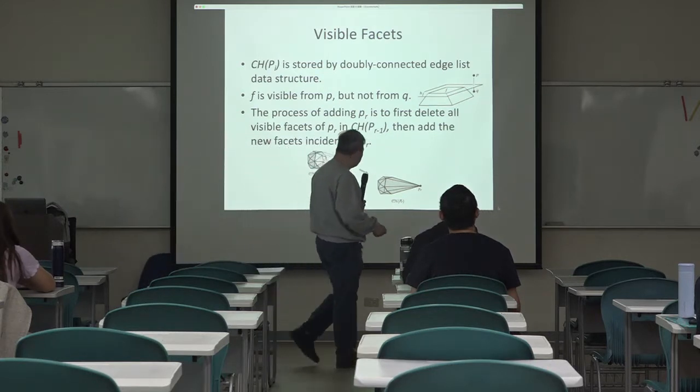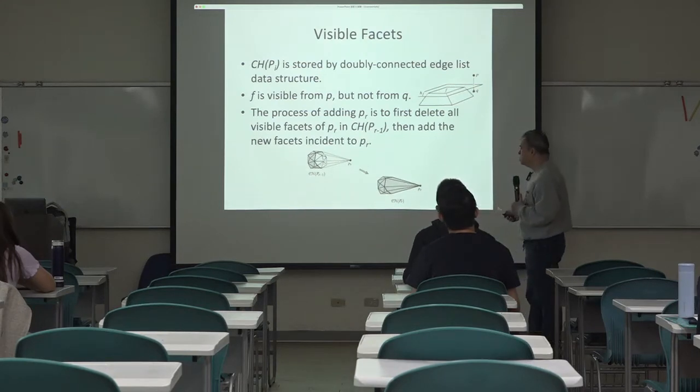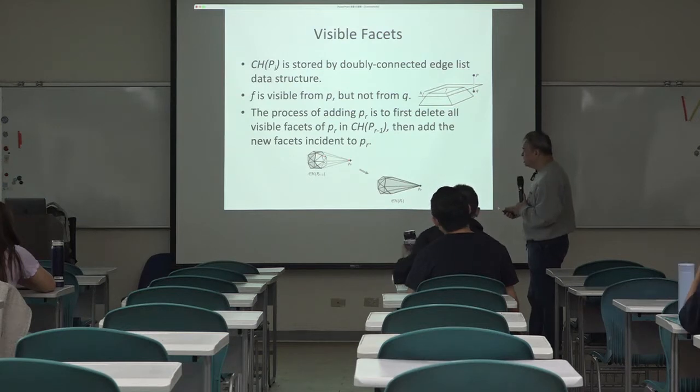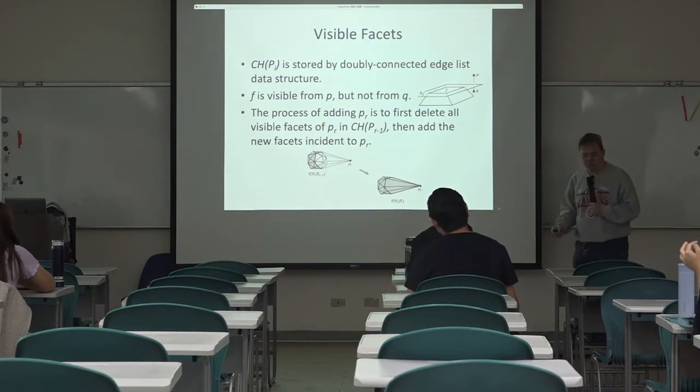But when it is outside, from that particular point we should be able to see several faces, and those faces will be the ones that need to be removed. Then we need to add a few new faces that are adjacent to the new inserted point.